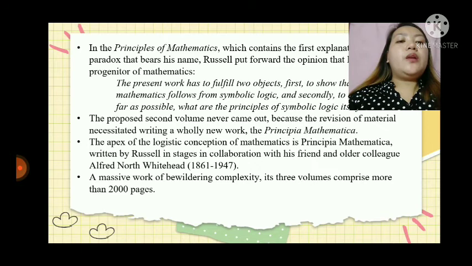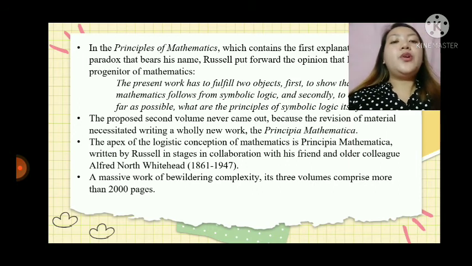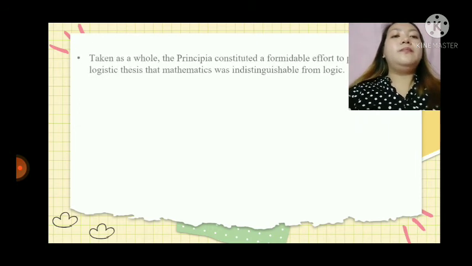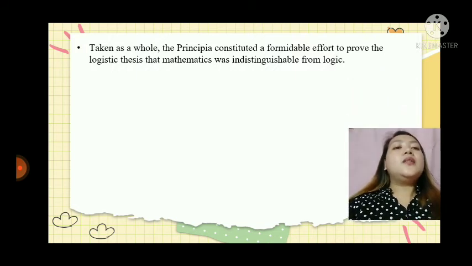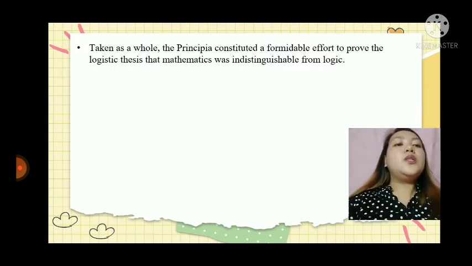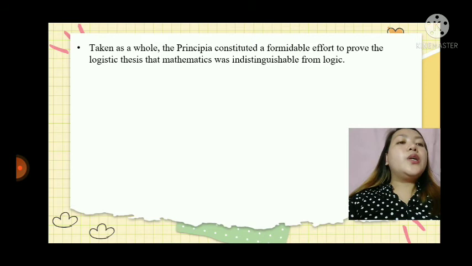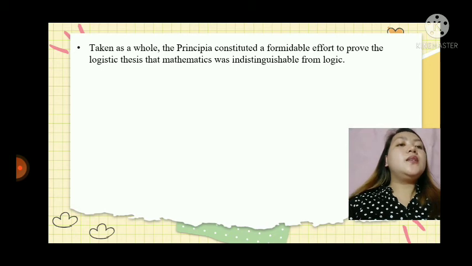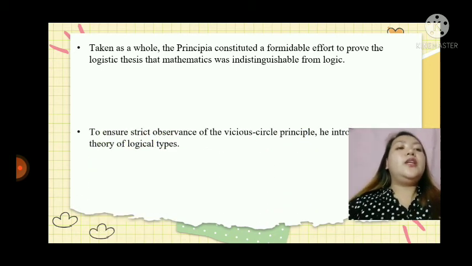A massive work of bewildering complexity, its three volumes comprise more than 2,000 pages. Taken as a whole, the Principia constituted a formidable effort to prove the logistic thesis that mathematics is indistinguishable from logic.